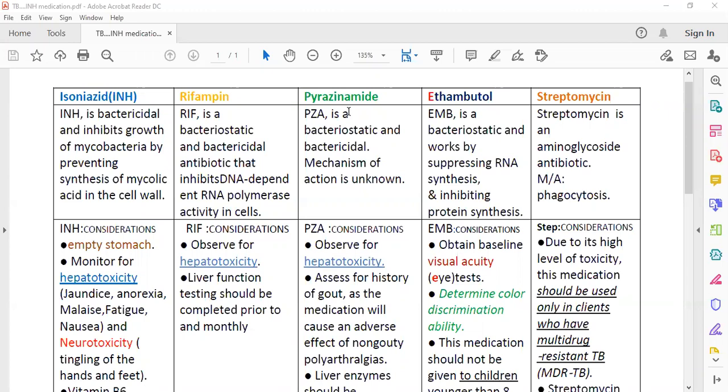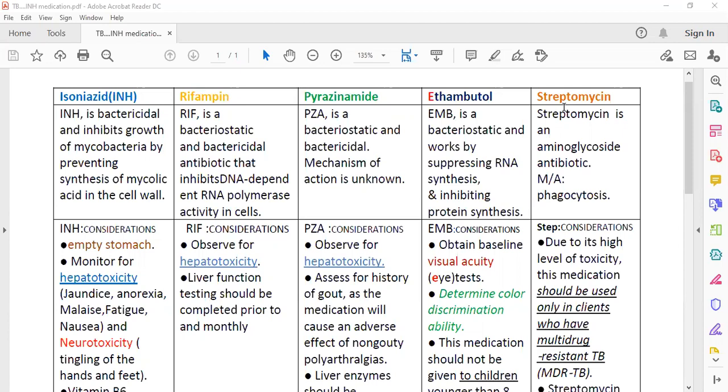This first line of medication like isoniazid, rifampin, pyrazinamide, ethambutol, or streptomycin, these anti-tubercular drugs treat all forms of mycobacteria, right? TB is most commonly characterized by granuloma formation in the lungs.